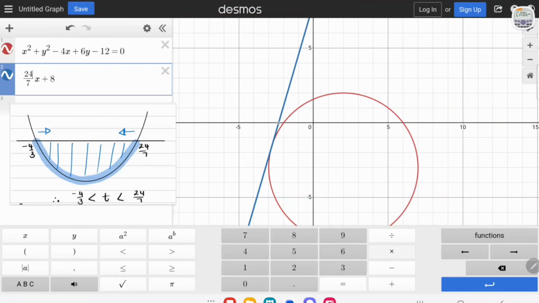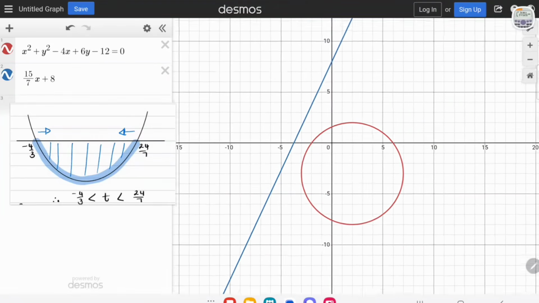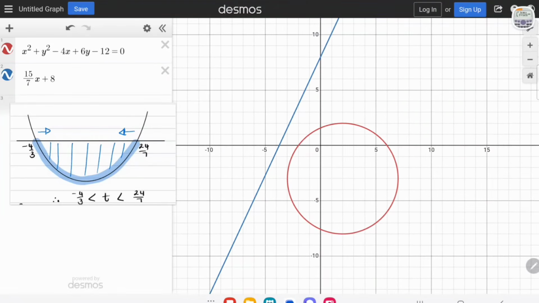So let's say we try 20/7. You see how it moves away. Okay, so values that are less than 24/7 are working there. If I change that to maybe even something like 15, see, it moves further away. So it was a very interesting question. So that is a visual example of what's actually going on and what the gradient really does to a line.